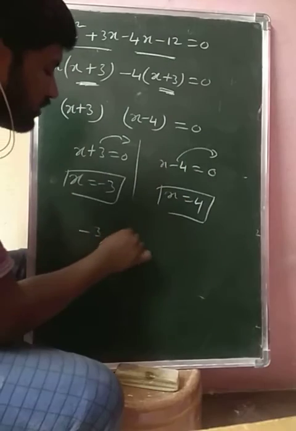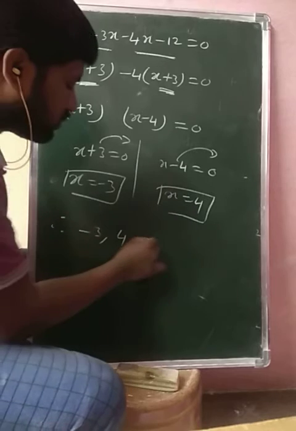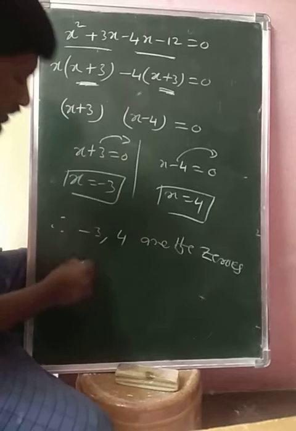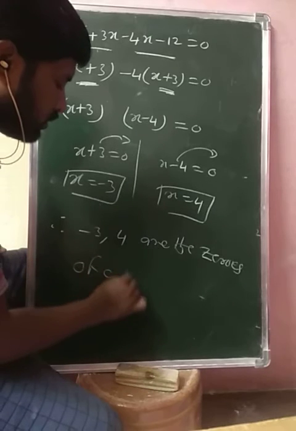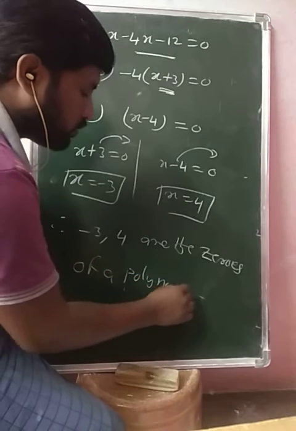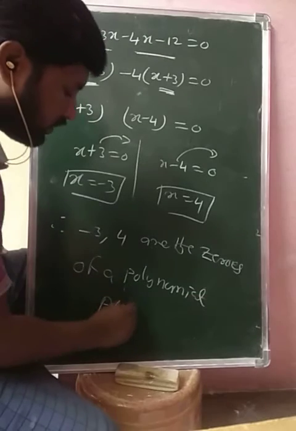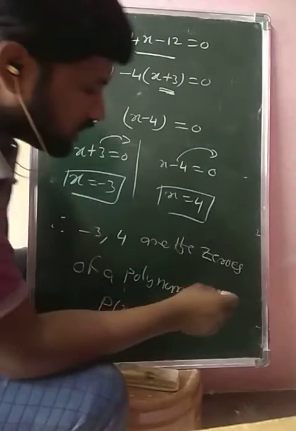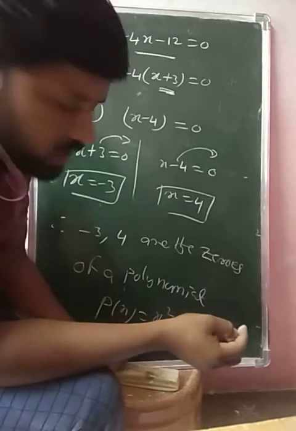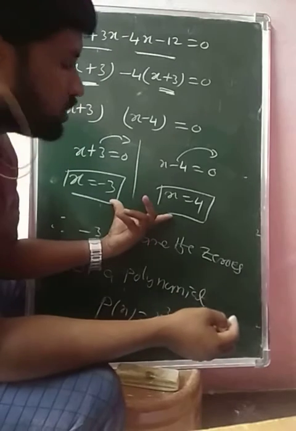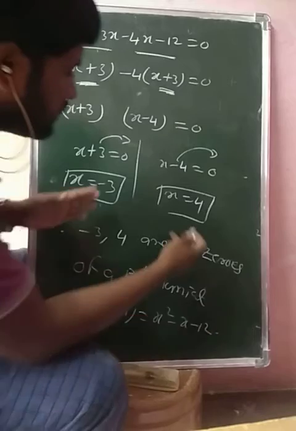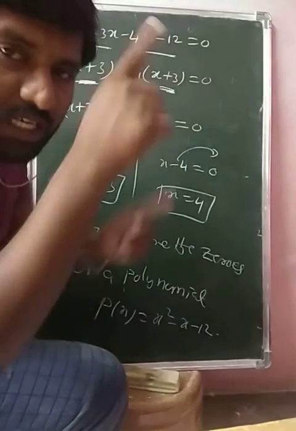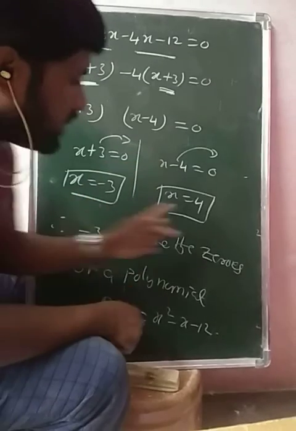Clearly minus 3 comma 4, therefore minus 3 comma 4 are the zeros of the polynomial p of x is equal to x square minus x minus 12. Okay? So clearly we know it's a quadratic polynomial, that's why it has two zeros. So these are the zeros, and clearly the curve touches the x-axis at minus 3 and 4.